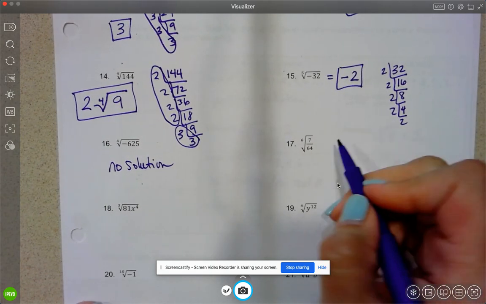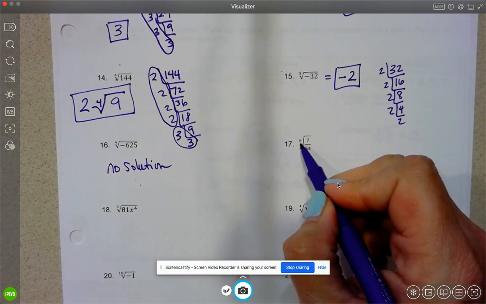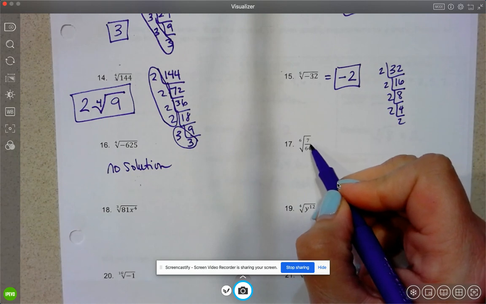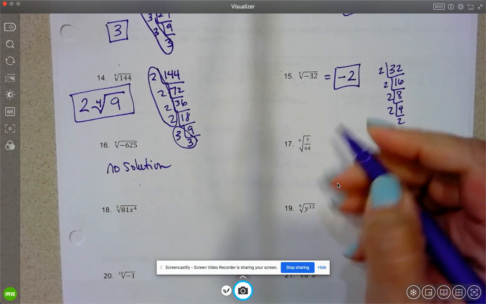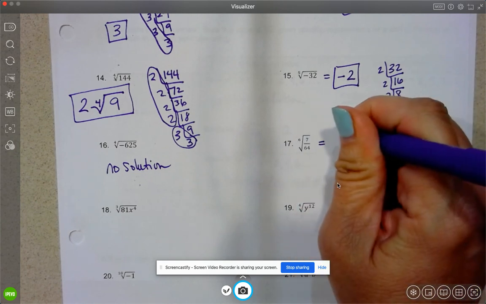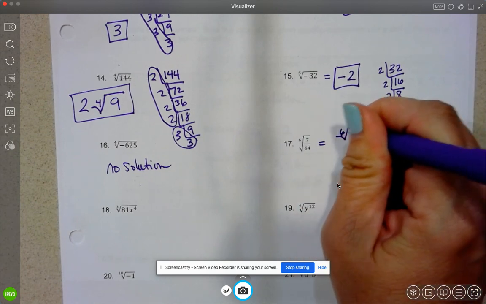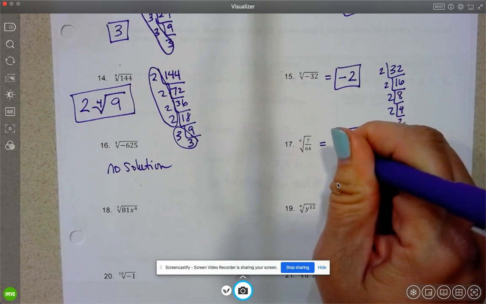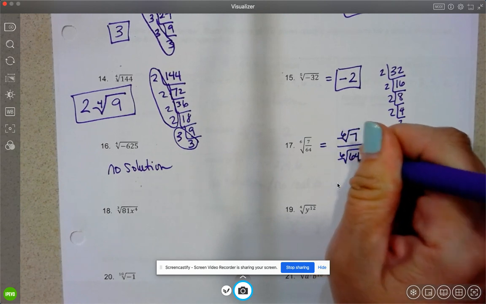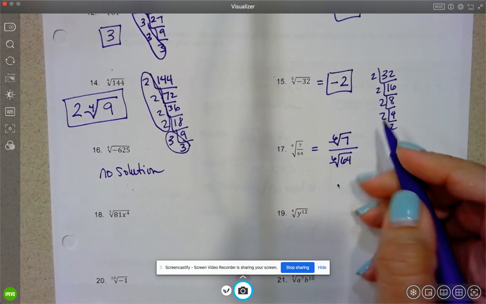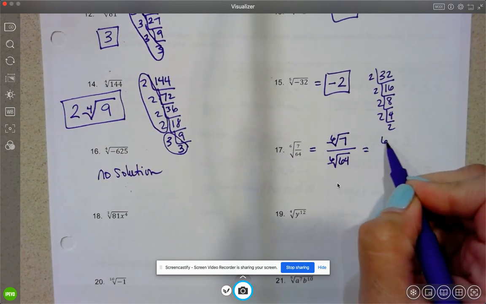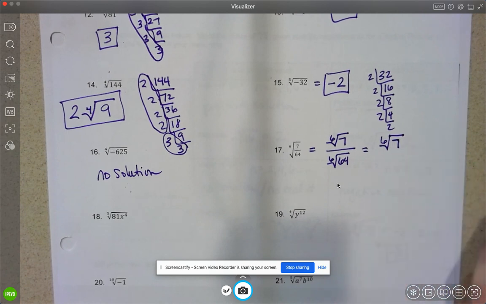Okay, here I want groups of 6, and I have 7/64. Well, I can't simplify this fraction, so I'm just going to split it up. I'm going to say, all right, what's the 6th root of 7 and the 6th root of 64? Well, 7 is a prime number, so that's just going to have to stay 6th root of 7 on the top, which is okay to have a radical in the numerator.